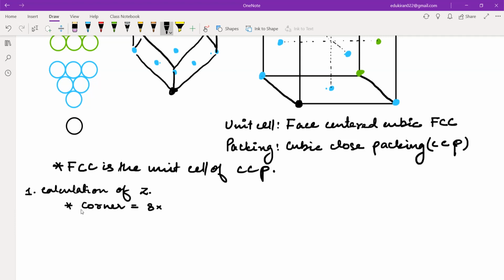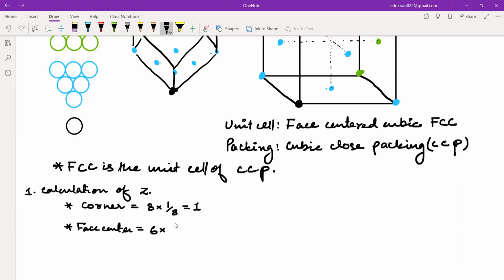8 into what is the contribution of each corner atom? 1 by 8. Everyone please answer, everyone knows the answer. So this will be equal to how much? 1. Very good. Then what is the other type of atom that we have? Face center atom. And how many face center atoms are there? 6.